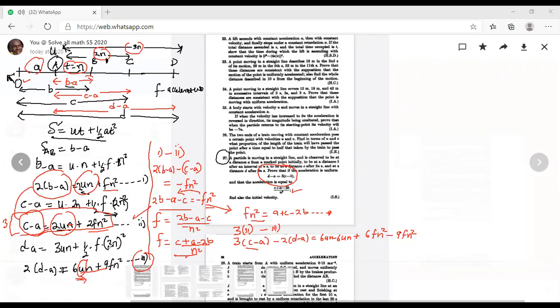What I want to do is to have fn squared, because this one becomes 0. Do you see that? Then this one becomes negative 3n squared. Is that true? Now I can easily get this one and drop here. When I do so, I have eliminated the f, I have eliminated the u.